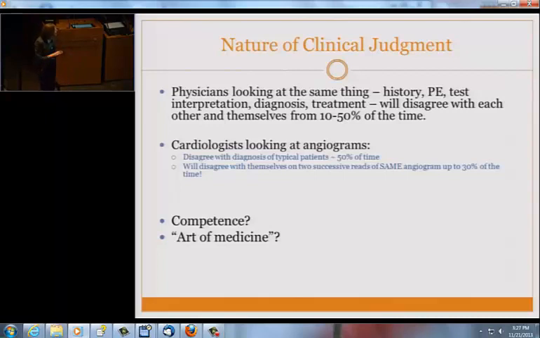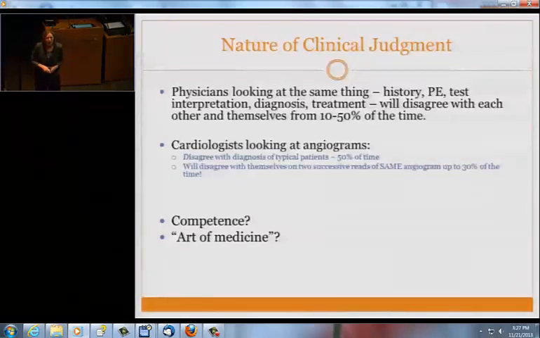The cardiologists disagreed with the diagnosis of typical patients about 50% of the time in this particular study, and they disagreed with themselves on two successive reads of the same angiogram up to 30% of the time. That's significant variation. There are so many variables and biases that affect our clinical diagnosis skills at any given time.